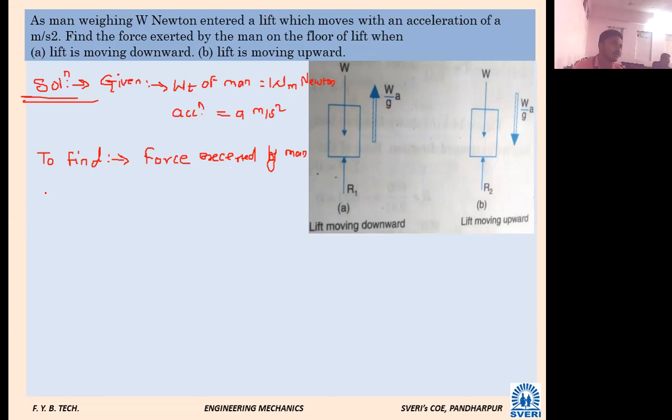Case number 1. Simple. Lift moving downward. Now we have to use the D'Alembert principle.